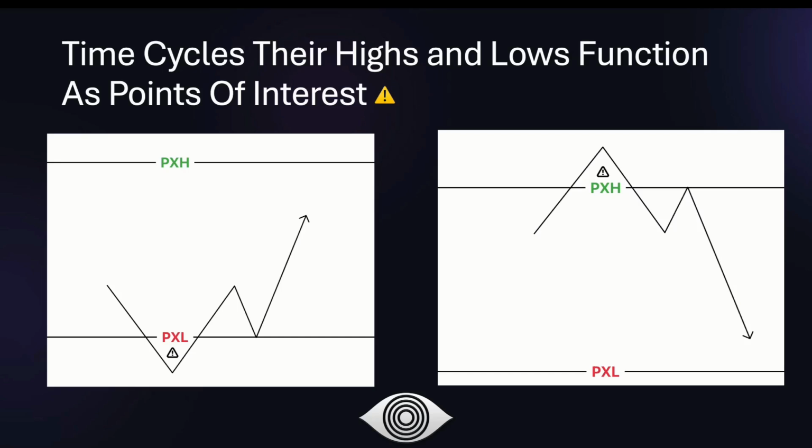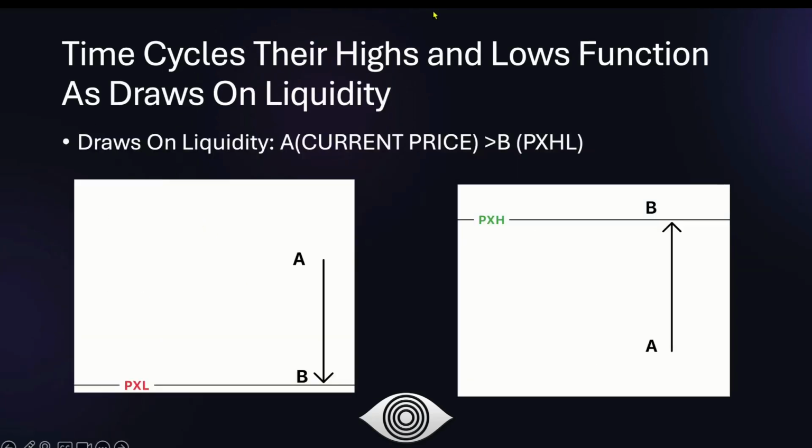However, if you do already understand market maker models, you're probably smiling because you're beginning to connect the dots, and you're beginning to see how the market moves between time-based liquidity to time-based liquidity during the current time cycle. Time cycles, their highs and lows, function as draws on liquidity. Draws on liquidity being from point A, the current price, to point B, which is the PXH or PXL.